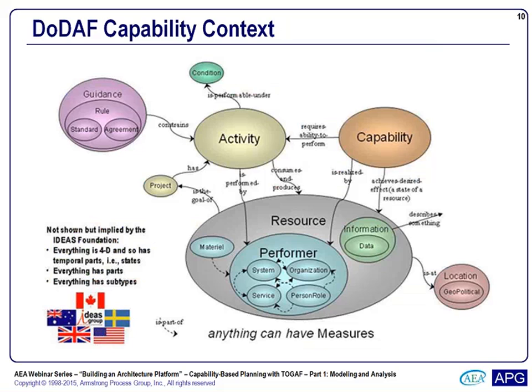But if we take a look at another standard architecture framework, namely DODAF, this is the Department of Defense Architecture Framework for the U.S. government, you'll notice that capability is really a prominent first-class element within the conceptual meta model, and that it's traced to other things, but very separate from activities, the things that we have in place to actually perform capabilities, the resources and tools that are needed, which might include material and data, as well as the roles and organizations that perform those capabilities.